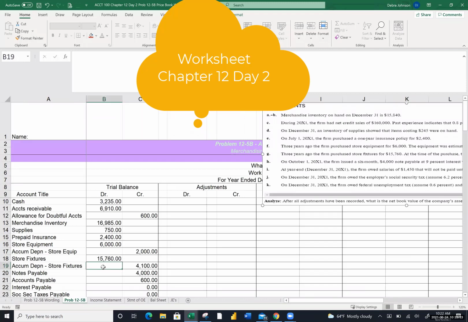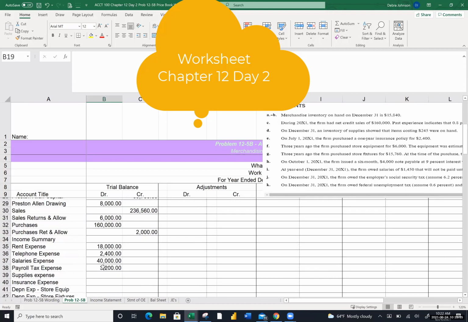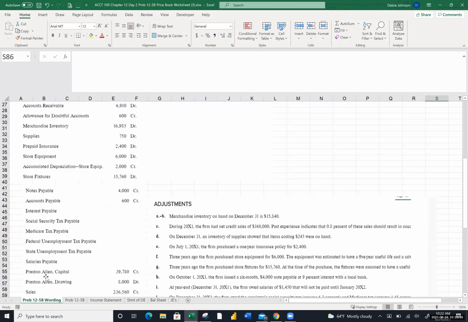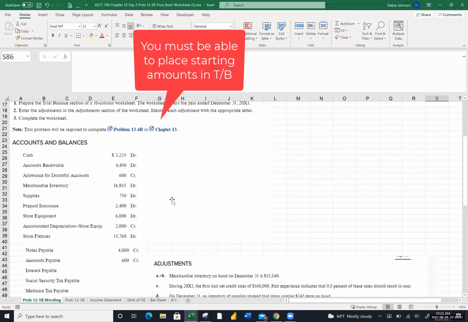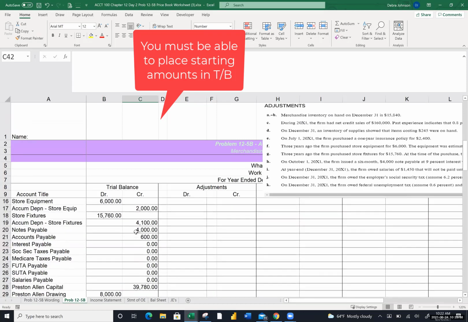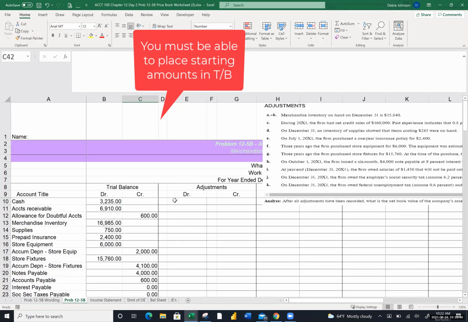In the interest of time, I dropped in the trial balance columns. So if you go back and take a look at the wording, they told us all the balances and whether they were debits or credits. I completed the trial balance columns, because what we want to focus on is how to do these adjustments. This will be another great set of practice.